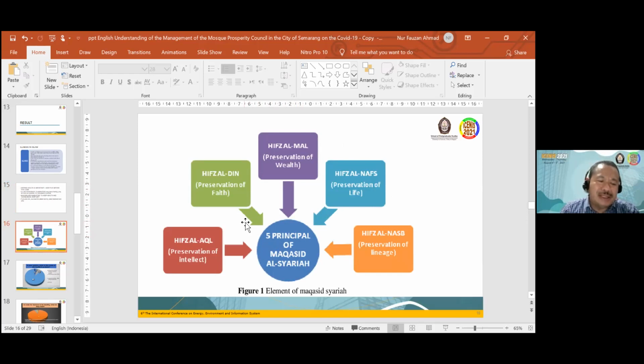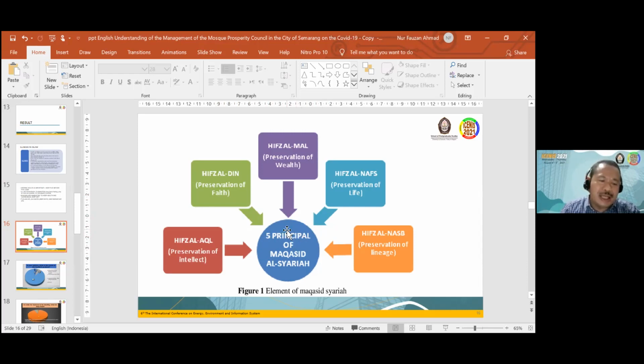must pay attention to five things called maqasid Sharia, the five principles of maqasid Sharia. There are protecting religion, hifdh ad-din; protecting the soul, hifdh an-nafs; protecting the mind, hifdh al-aql; protecting prosperity; and protecting offspring.